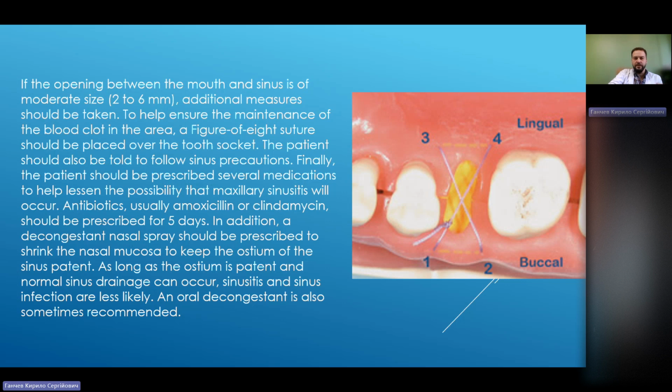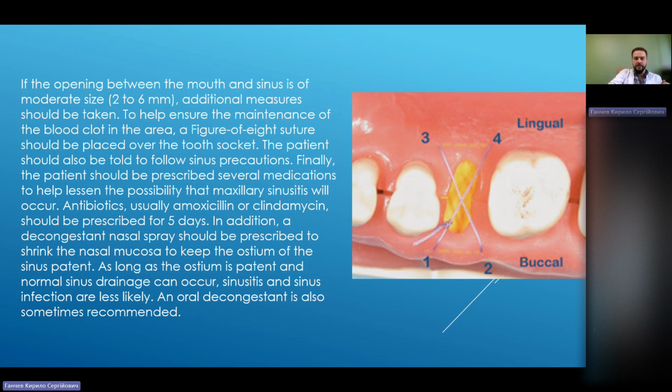The patient should also be told to follow sinus precautions. Finally, the patient should be prescribed several medications to help lessen the probability that maxillary sinusitis will occur. Antibiotics, usually amoxicillin or clindamycin, it doesn't matter which one, should be prescribed for 5 days.